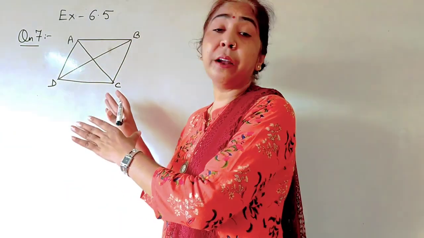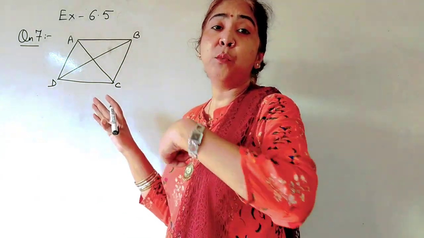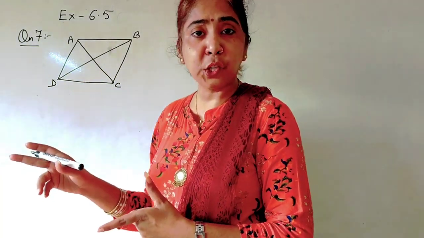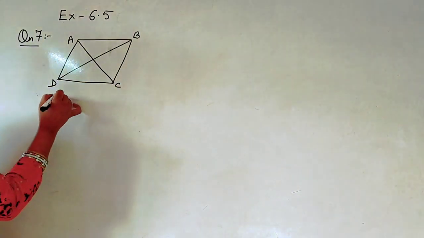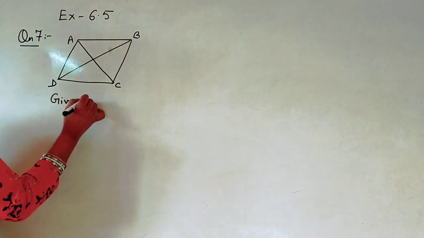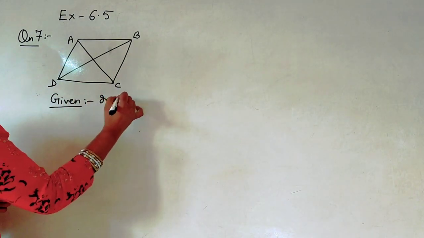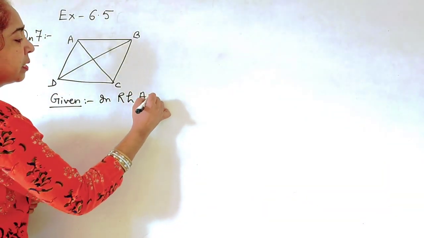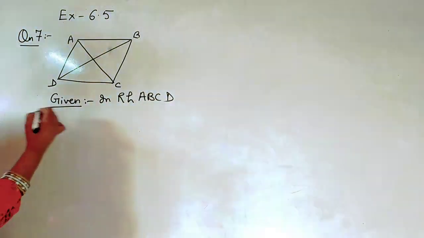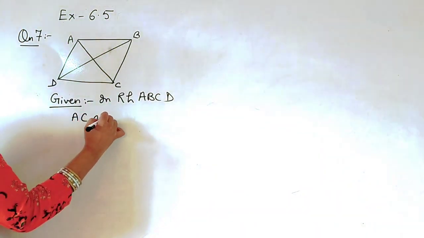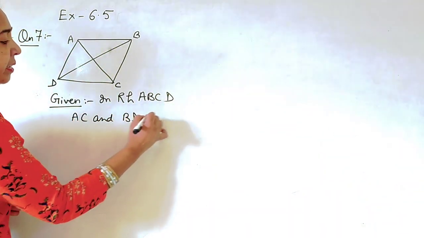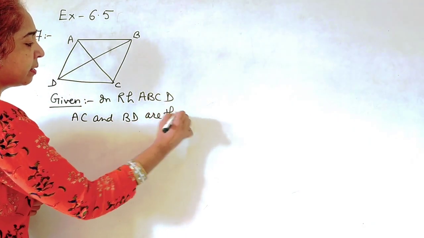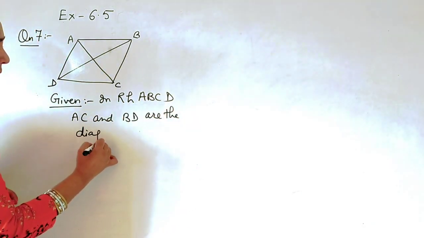Right? So if our rhombus is ABCD, then what will be the given according to the question? The given will be: in rhombus ABCD, AC and BD are the diagonals.